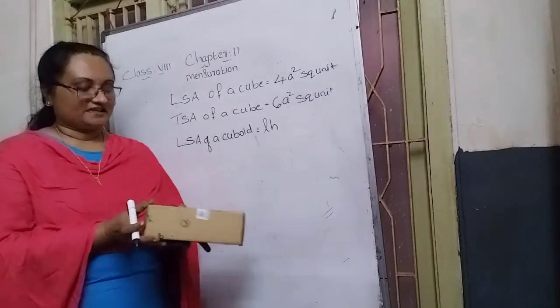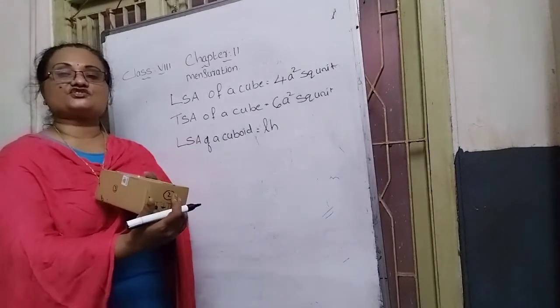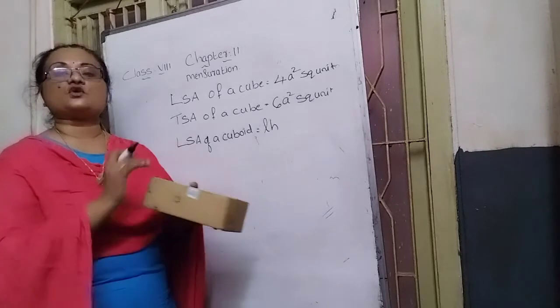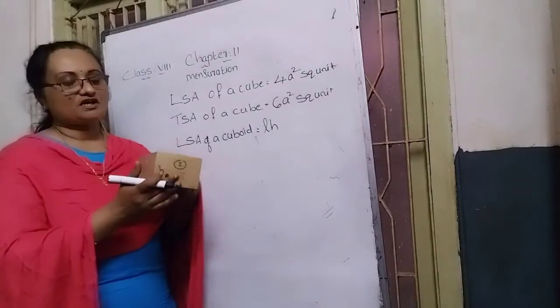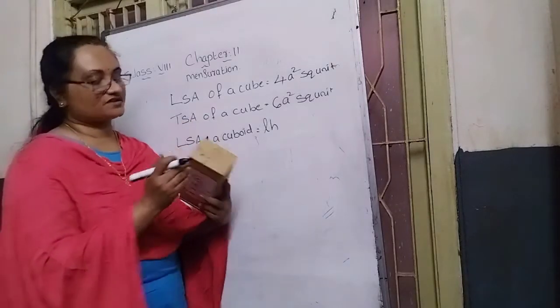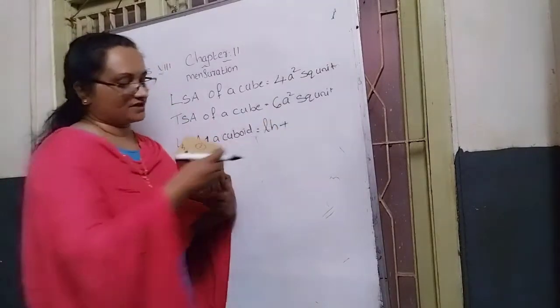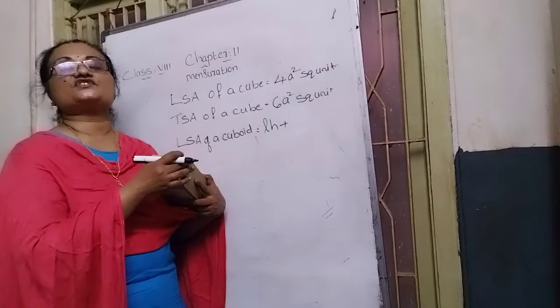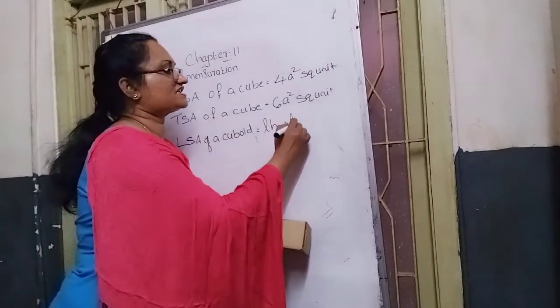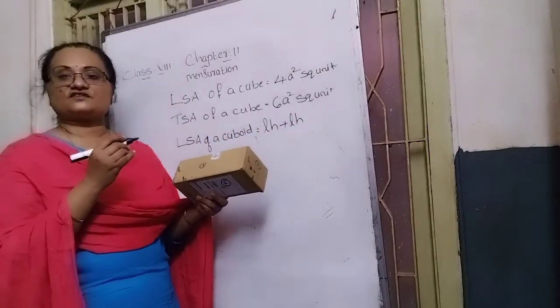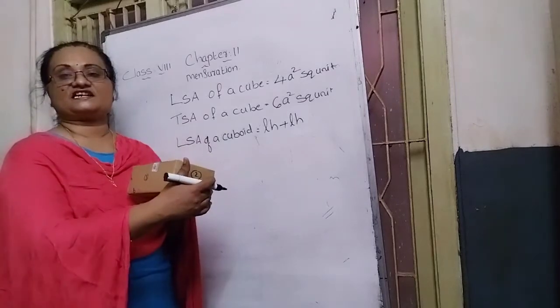Then the first face is equal to the second face. Why? Because they are opposite faces, and opposite faces are the same. The length of this rectangle is L and the breadth is the height of the cuboid, so we can write it as LH.